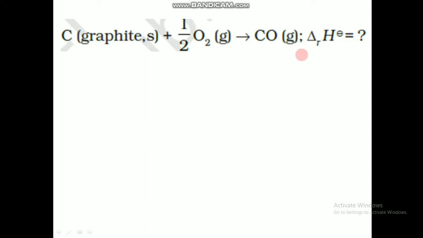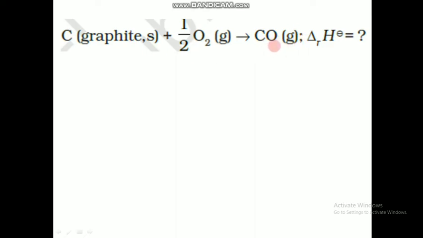The sum of the intermediate steps will give the same enthalpy, and the only condition is that all the reactions should be done at the same temperature. So for example, in this case the carbon and oxygen combine to form carbon monoxide in a single step.